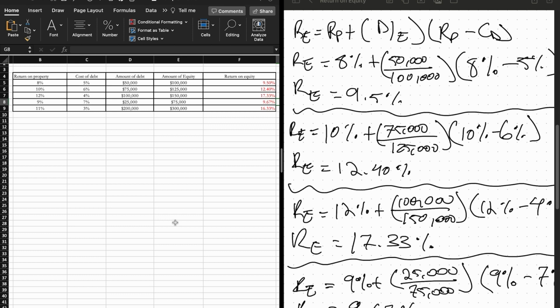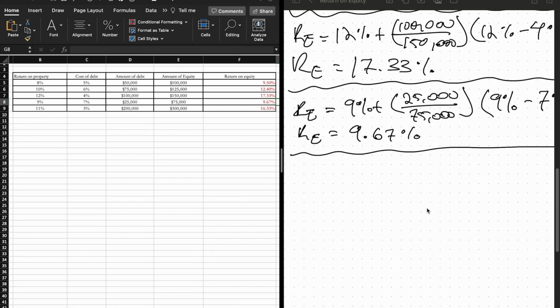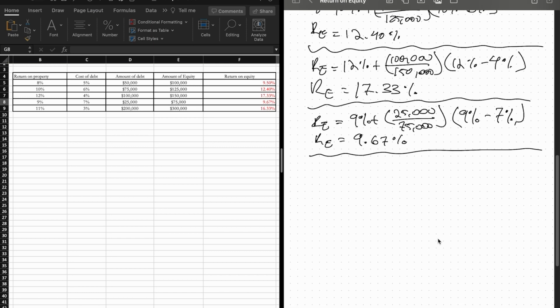All right, last and final property. Let's scroll down a little bit. We have a return on equity which is equal to 11% plus $200,000 of debt over $300,000 of equity, times a return of 11% minus 3% cost of debt.